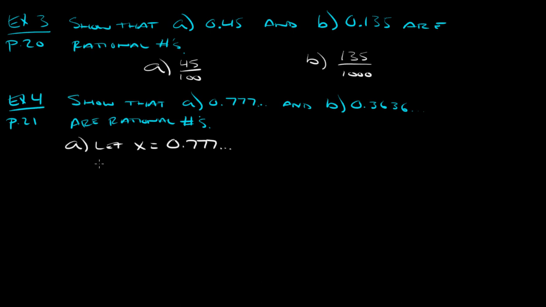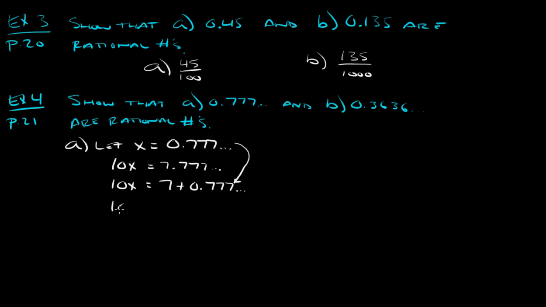Okay. So we're going to multiply both sides by 10. So we get 10x equals, if you multiply this by 7, we just move the decimal over 1. So we get 7.777, repeating. We then rewrite this right side as 7 plus 0.777, repeating. And if you'll remember, 0.777 is x.